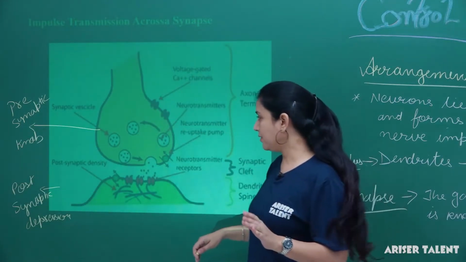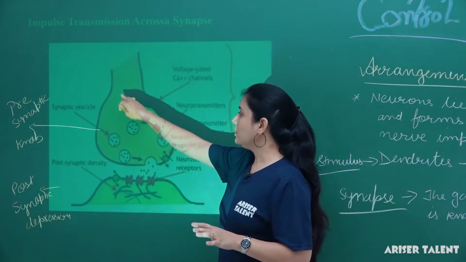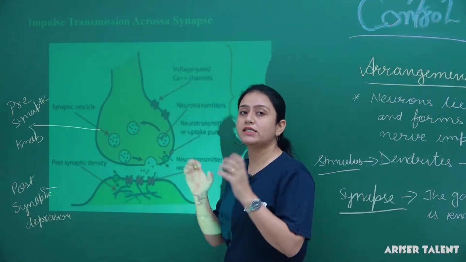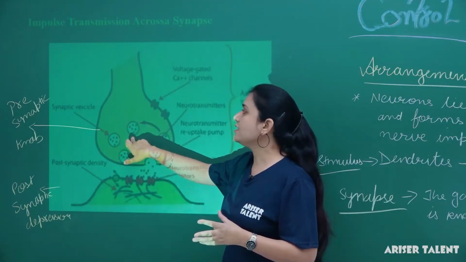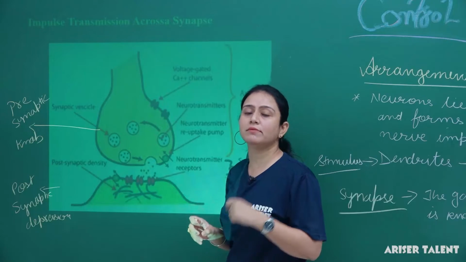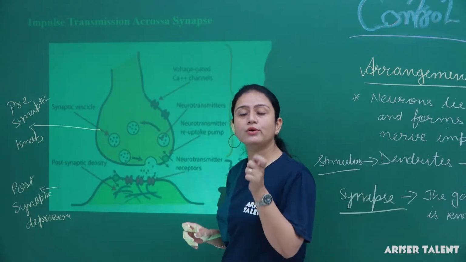Clear? Let me explain you again. When the axon terminal receives some stimulus, then it expands and the vesicles inside it, which are known as synaptic vesicles, release some chemical which is known as neurotransmitter.